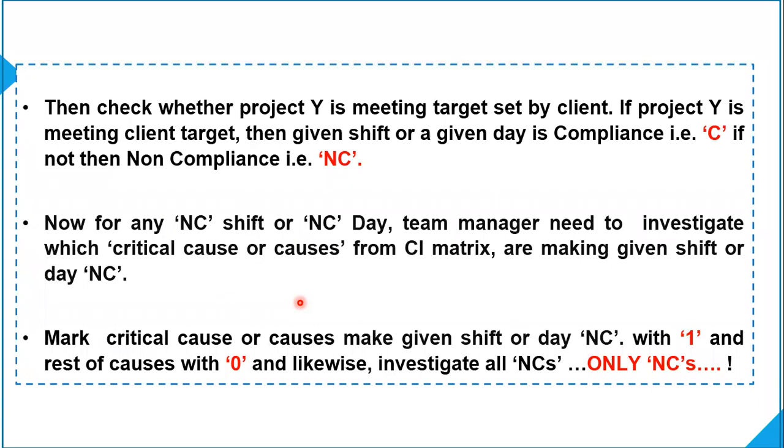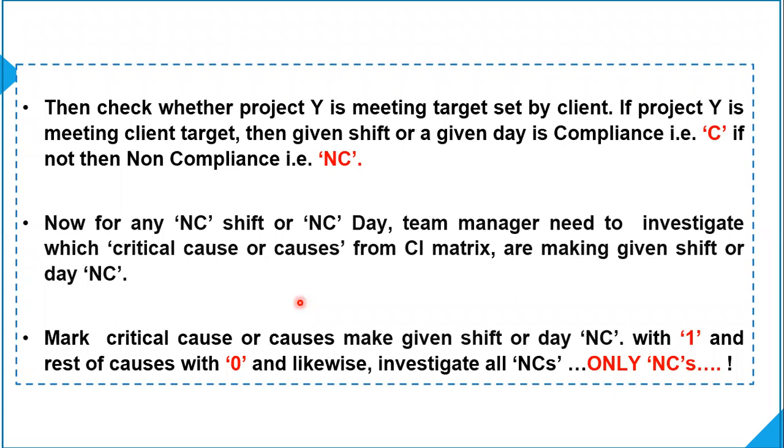And by the way, we are doing this investigation only for NC shifts and not for compliance shifts, right? If it is NC, we need to find out why the given shift is NC.